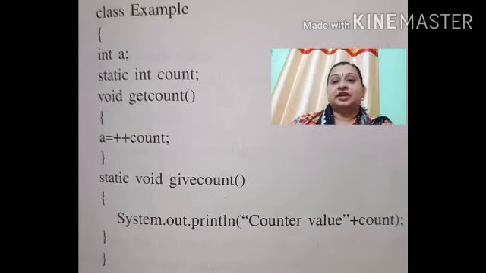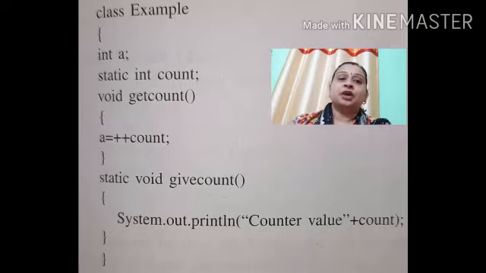Let's take an example by seeing a small program. Here there is a program, class example. In it we can see int a and static int count. So a and count both are data members or variables, whereas we can see the getCount method and the giveCount method.